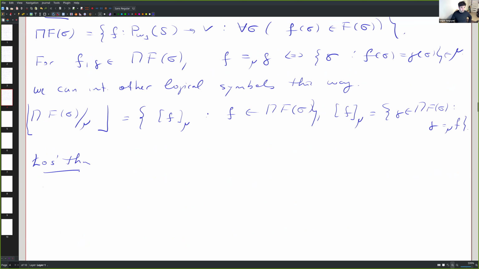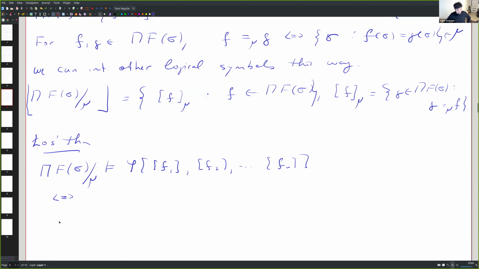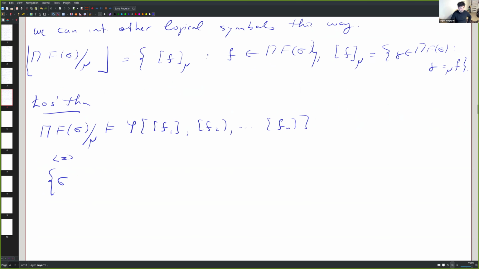This is saying the ultrapower satisfies some formula phi for f1, f2 up to fn if and only if the set of sigma such that f of sigma satisfies it is in mu. But we don't have choice. That's the whole point, right? These are not well-ordered structures.